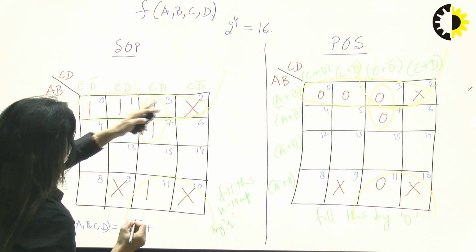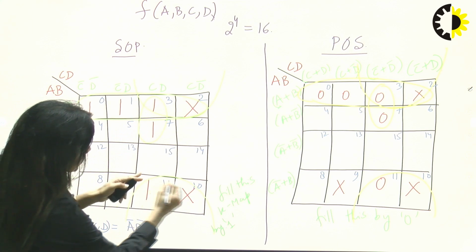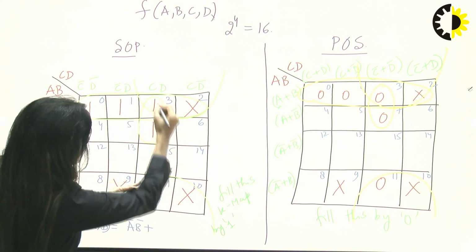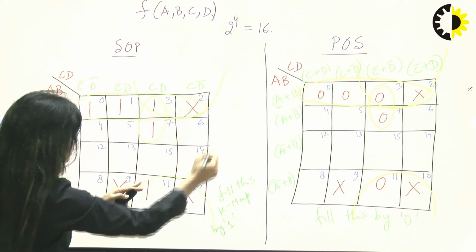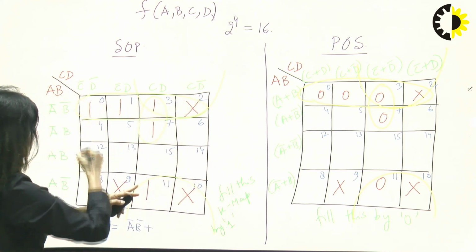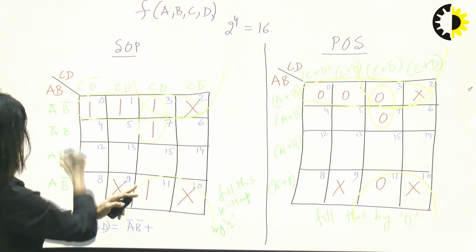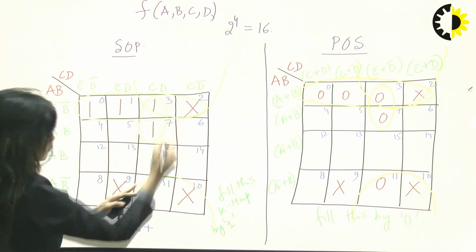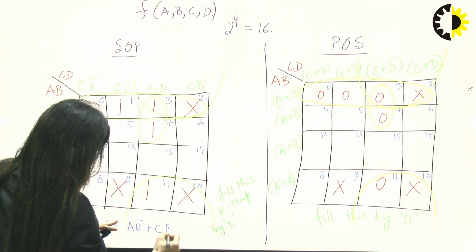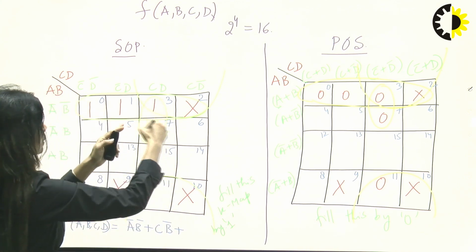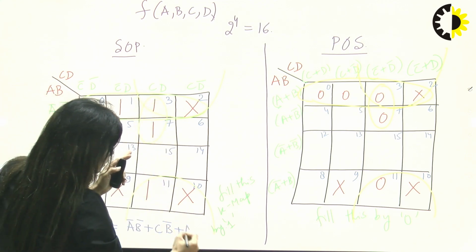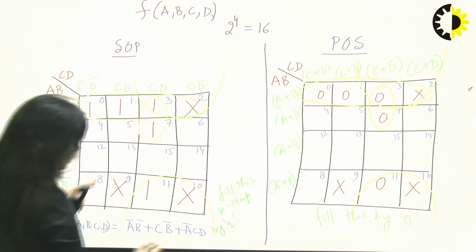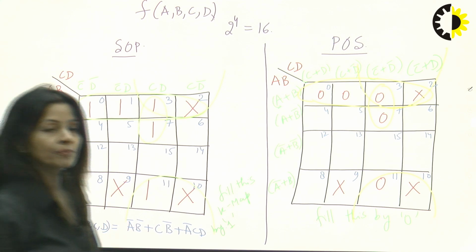For the second quad, you can check these two columns: C is common, D is changing, and here A is changing, B bar is common. So I have C, B bar. Now coming to the pair, for this pair we have A bar common and CD common. So I have written the expression for the SOP.